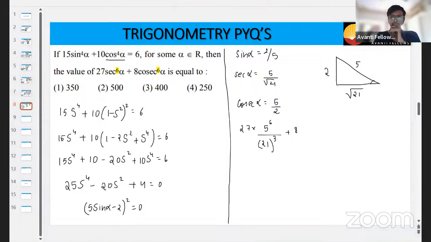कुछ गड़बड़ तो नहीं किया? Let me check. I think we didn't make an error. Oh, I'm checking. Just a second, guys.